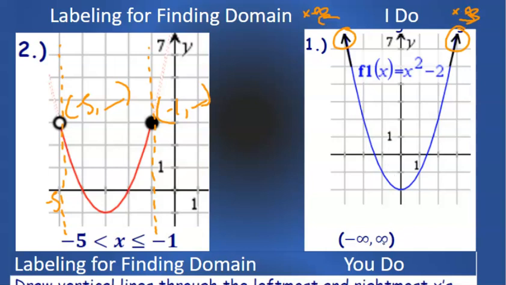So that's negative infinity to positive infinity. You might see this symbol, all real numbers. You might see it spelled out, all real numbers. And the informal way of writing this would be inequality notation. Now, you'll probably never see this, but this is a way you could think of how you would label this.